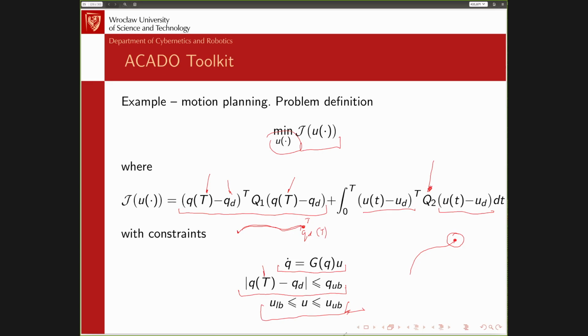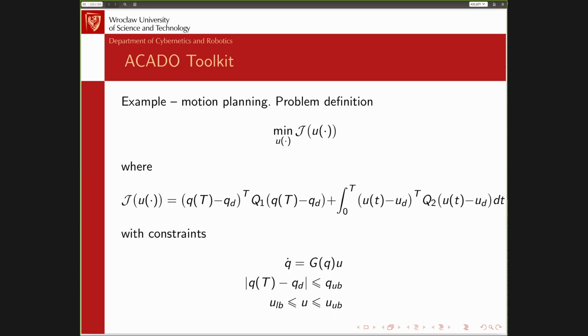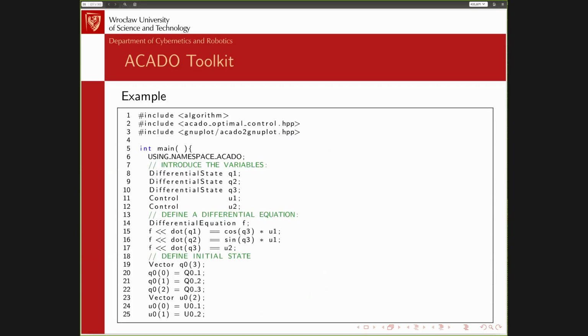So we will solve this kind of problem with this tool. And here is the implementation. It's C++, so it has defined objects which define the differential state, control. Also, you can have something which we call intermediate variables, but here we use only differential state and control.